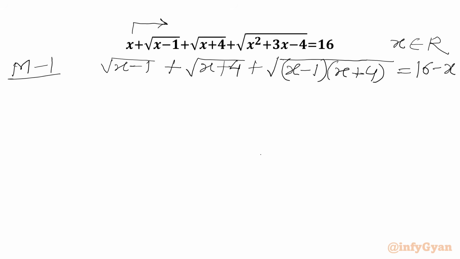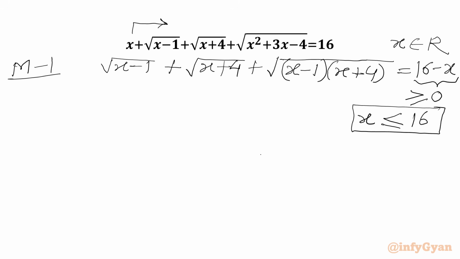Now we have a sum of 3 square roots in the LHS, so our right hand side must be non-negative. So we can write one condition from RHS: our x should be less than or equal to 16.